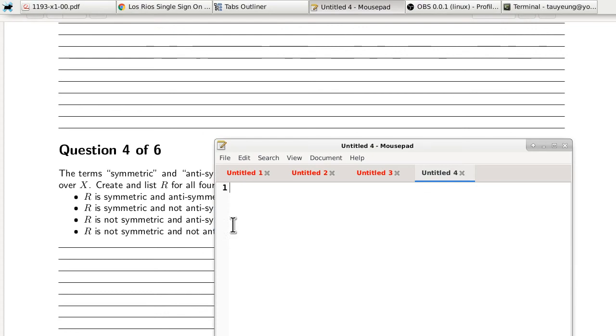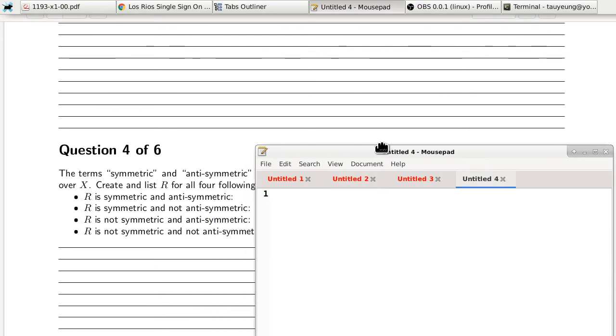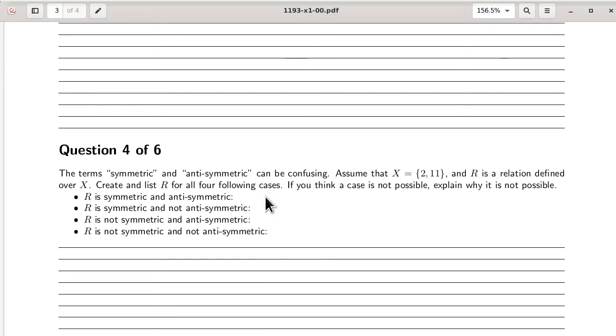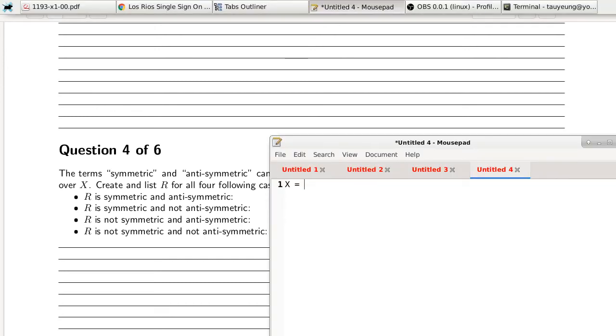Okay, so let's check out question number 24. It asks you to give a scenario where X is {2, 11}. We need to look for a case where it is symmetric and anti-symmetric.